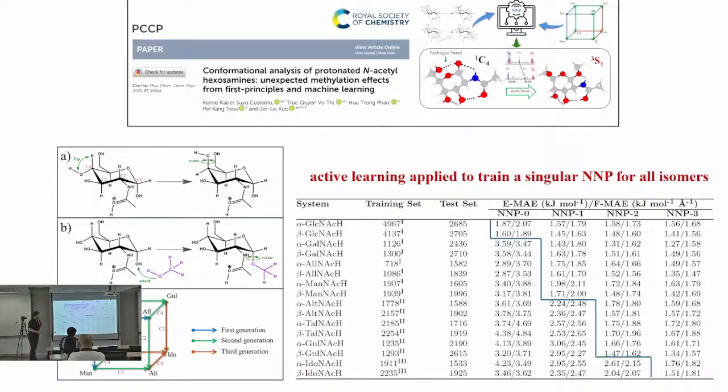But if we look closely at these structures, there are actually just 3 out of the 8 possible conformers. This cube represents the different isomerisms that these systems can have access to. So you have allose, gulose, idose, altrose, and talose, for example.